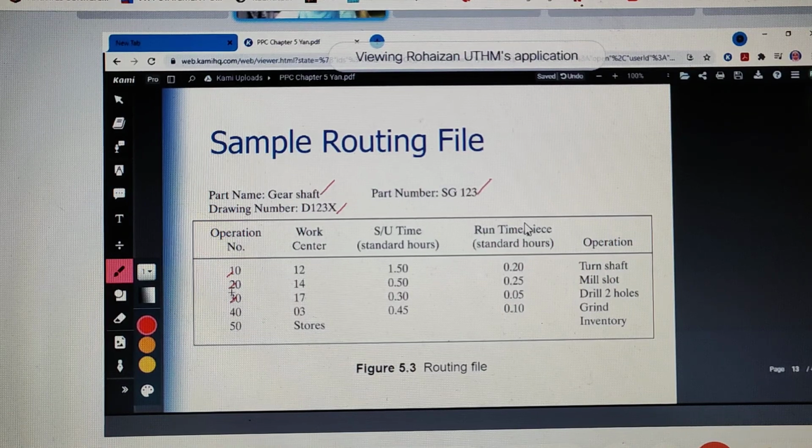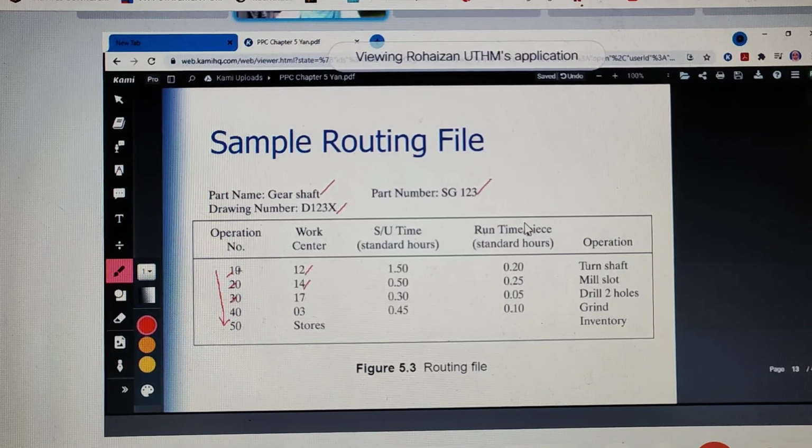This is our process sequence. And here is the work center for each operation. For operation 10, turn shaft, we use work center 12. For operation 20, mill slot, we use work center 14. And this is actually the sequence.